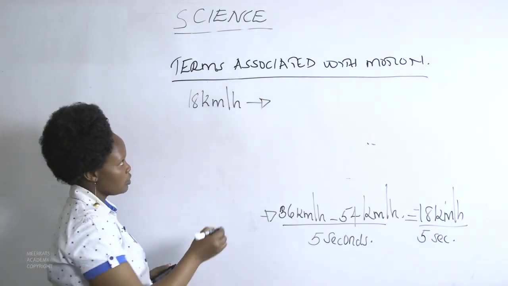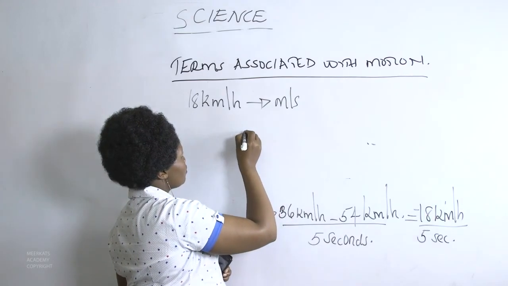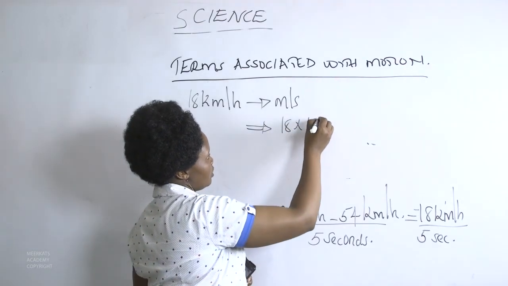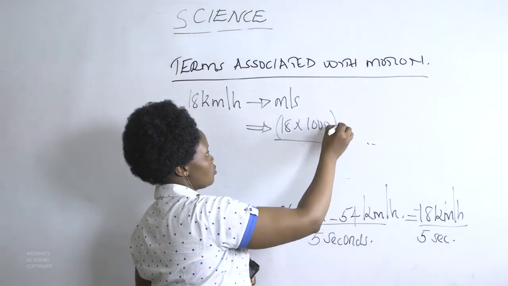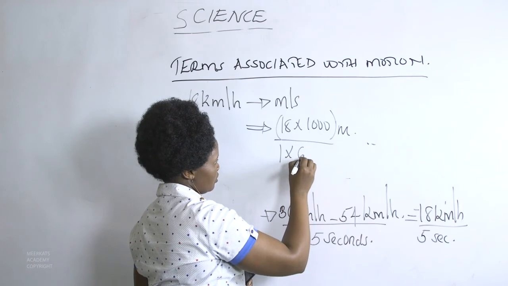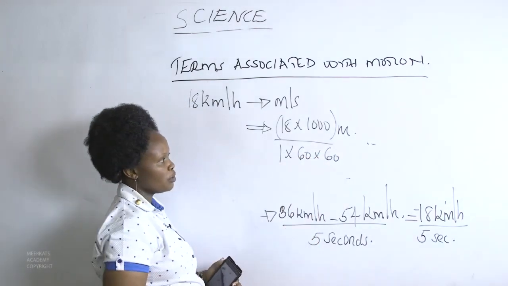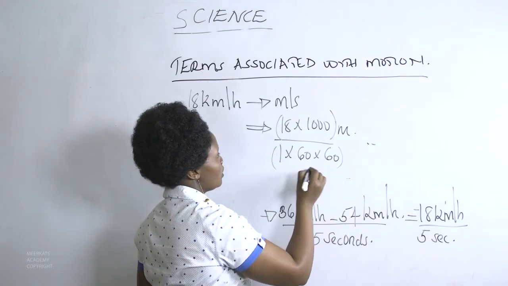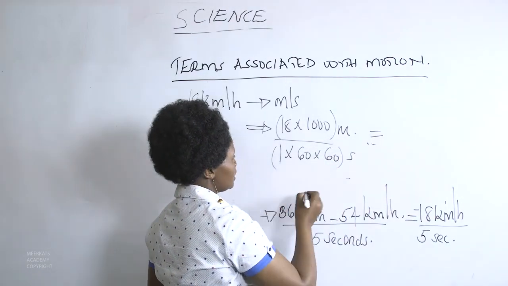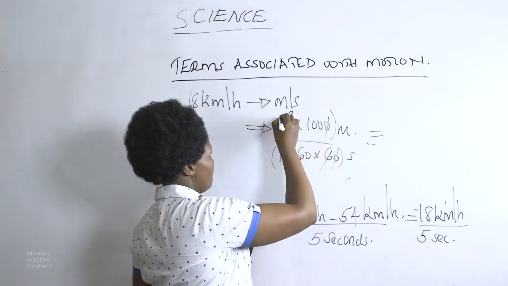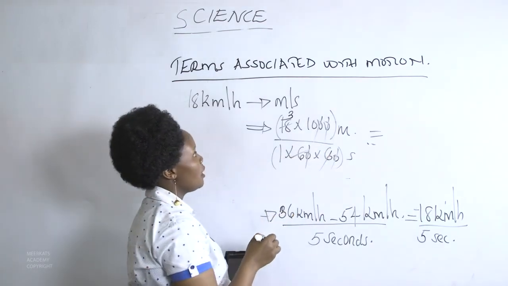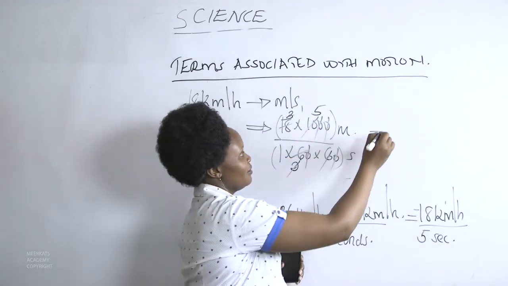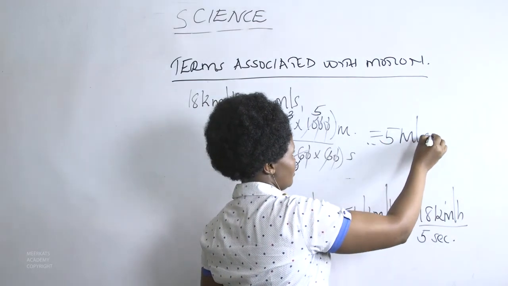I want to change that 18 kilometers per hour to meters per second. So again, we change 18 kilometers to meters, then our 1 hour by 60 to change to minutes, and by another 60 to change to seconds. And this gives 5 meters per second.